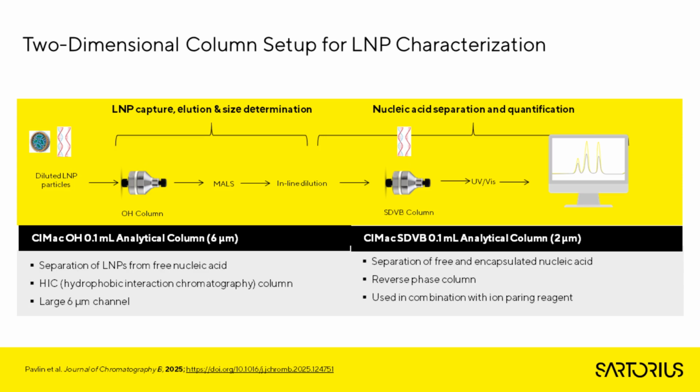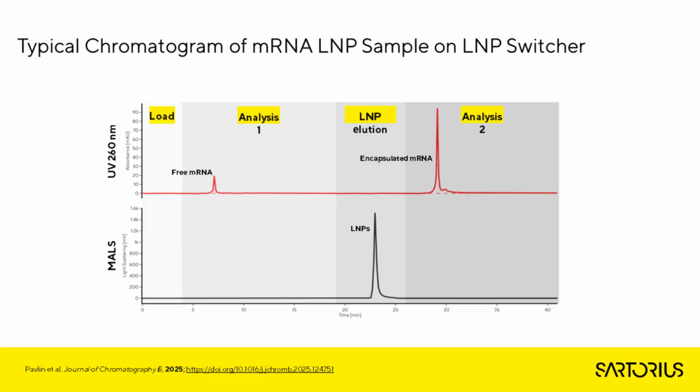When we open the particles with increasing amount of acetonitrile and very strong interaction with the hydrophobic column, this causes the particles to be opened and the cargo is released. And then we use the same method as before. We analyze everything that was inside of the particles, and we end up with the chromatogram shown here in the picture.